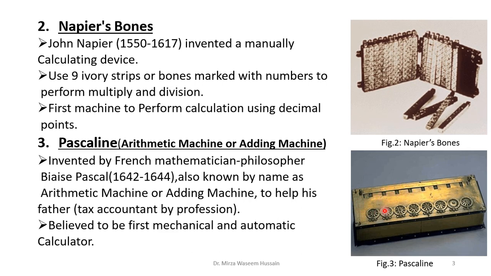When a wheel was revolved once, it moved its neighboring wheel and displayed the result on these windows. A series of numbers on these windows gave the sum or total.